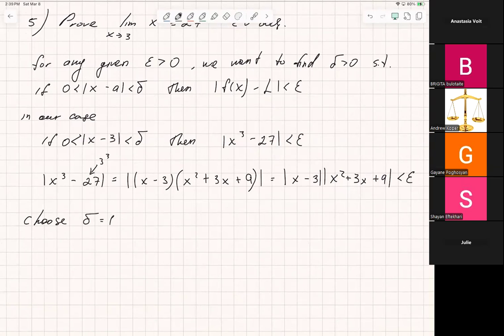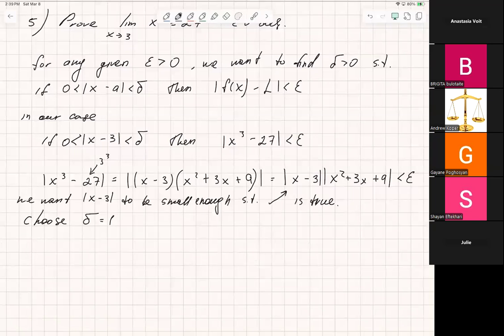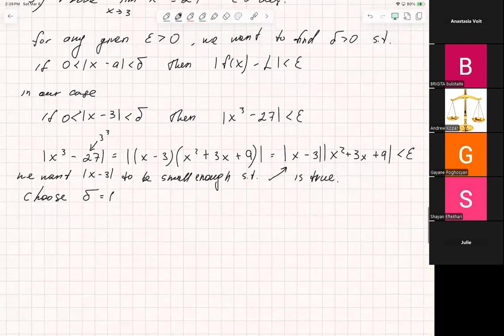So we want to find the value for delta. Essentially, we want our absolute value of x minus 3 to be small enough so that this whole expression is true. Okay? So we choose delta to be equal to 1.